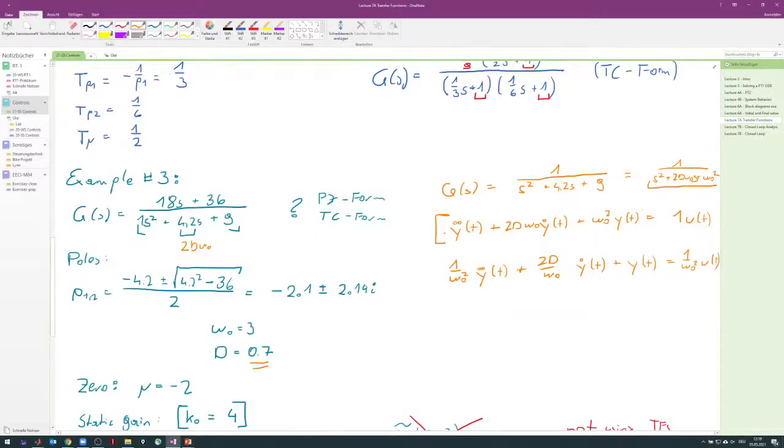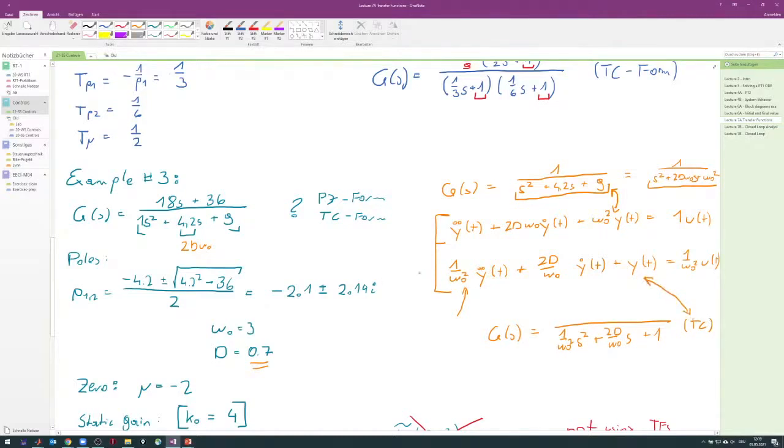These are the two forms, right? And this form gets to that form. And actually, if you have it in time constant form, in time constant form your G of S is 1 over omega 0 squared S squared plus 2d over omega 0 S plus 1. This is now the time constant form, which corresponds actually to that form in the time domain.